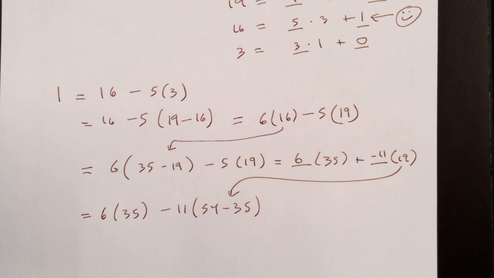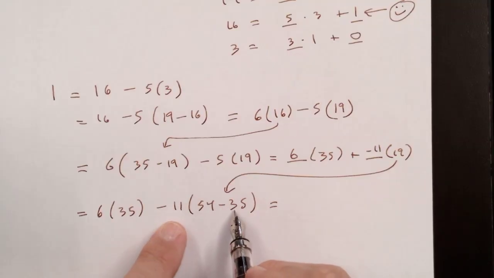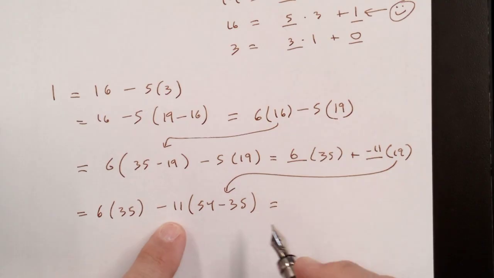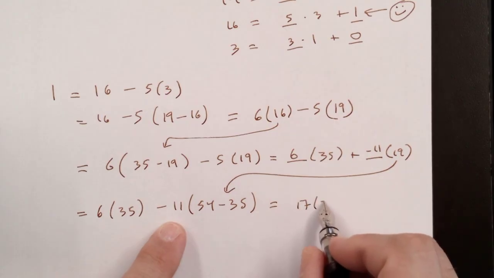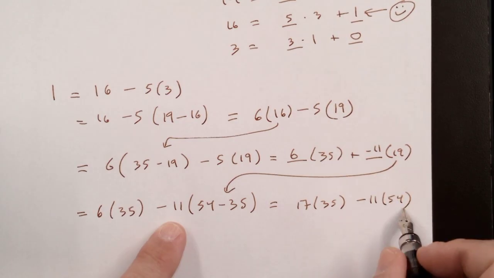Regroup. I have 11 35s here, and I have 6 more in front, so that's 17 35s minus 11 54s.